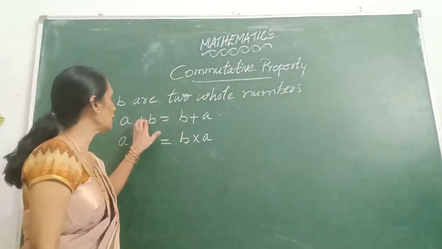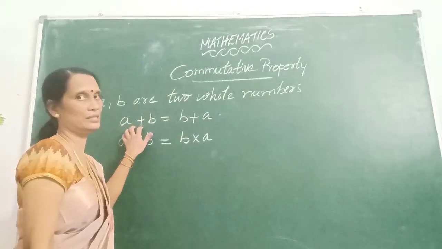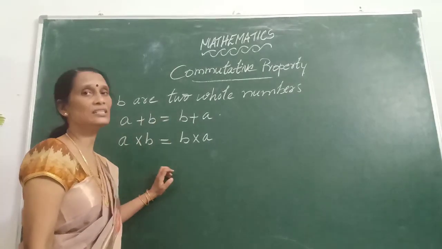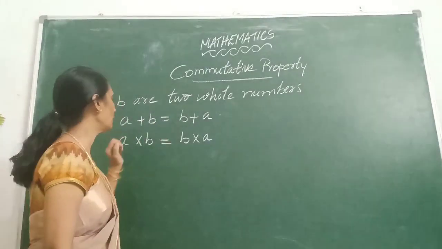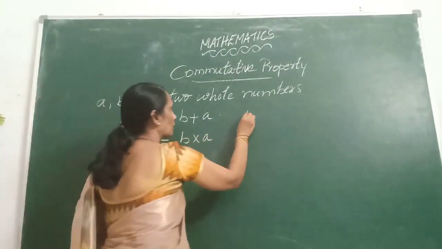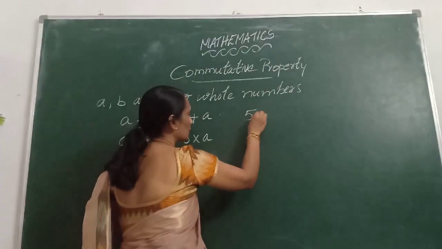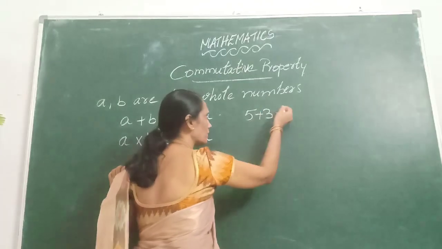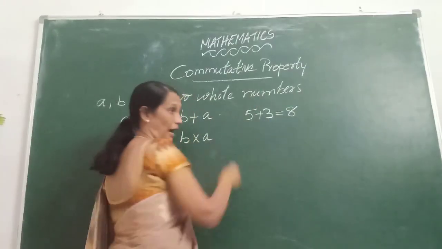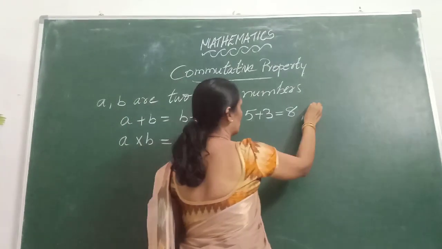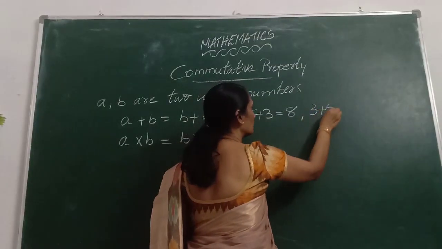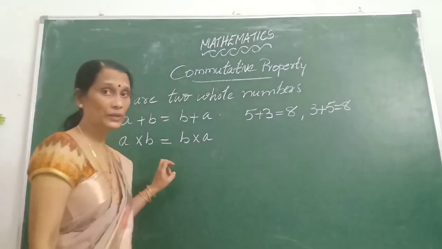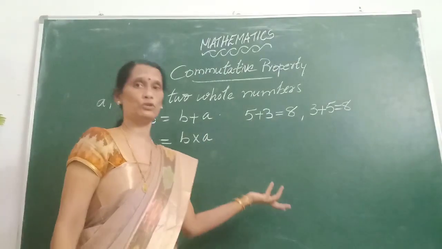That means change of order of the numbers does not change the result. For example, let us take 5 and 3. 5 plus 3 is equal to 8. At the same time, we can write 3 plus 5 also equal to 8.